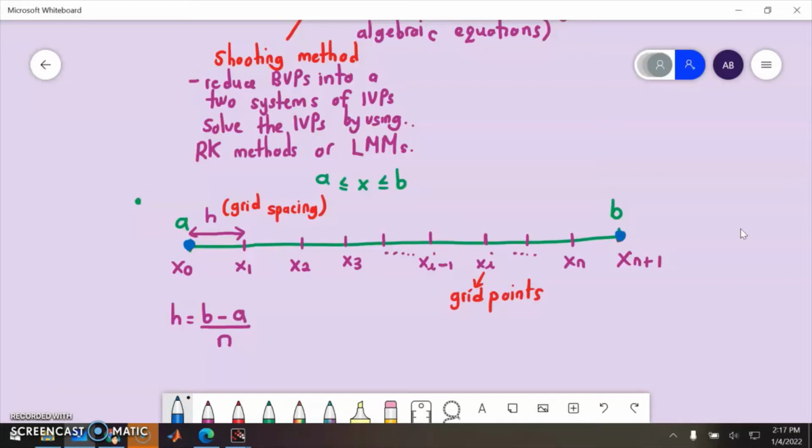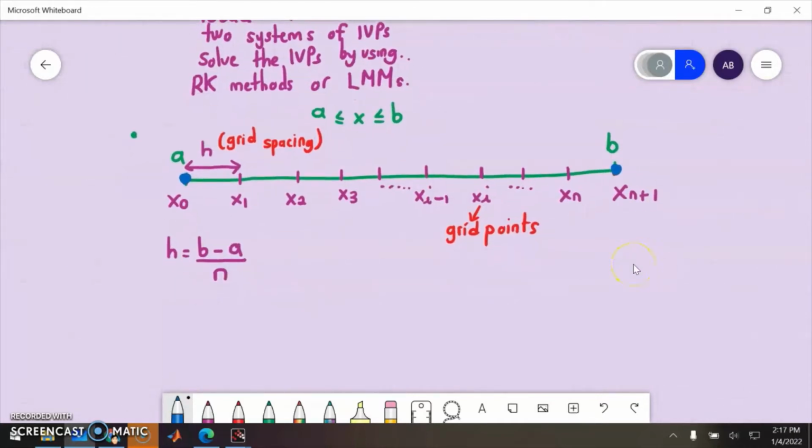Every grid point is obtained by xi = a + (i - 1)h. That's how you obtain all the grid points.